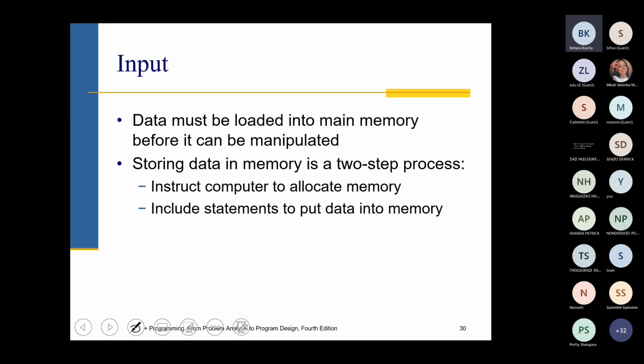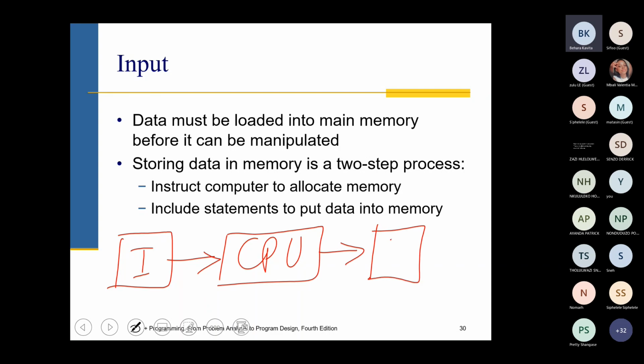Your input values. Your input is cin, your output is cout. In chapter number 1, I showed you your block diagram. Input goes into your CPU and from the CPU it goes into your output, right? From the CPU you have your storage, external storage.